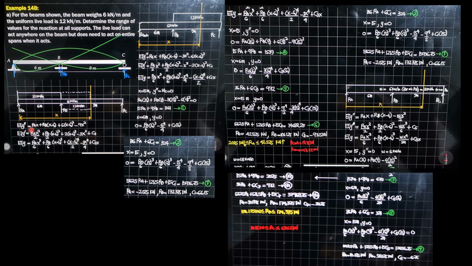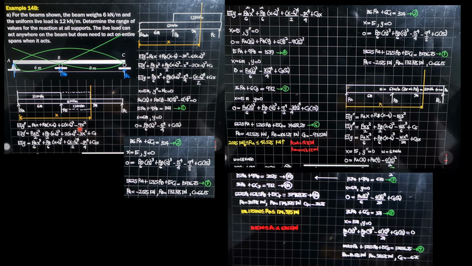So the equation would be EI y double prime equals RA times X plus RB times quantity X minus 6 plus 12 times quantity X minus 6 times X minus 6 over 2. So that's why it's 6 quantity X minus 6 squared. The total uniform load going down is 18, 12 and 6. So minus 18 times X over 2.